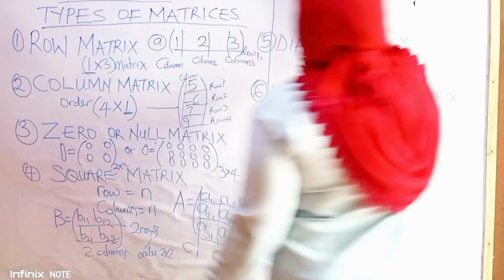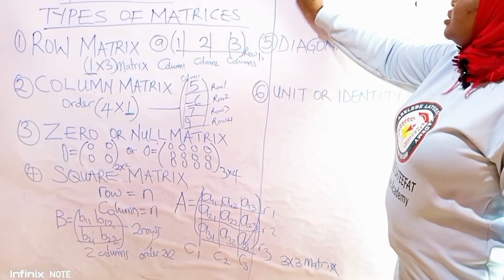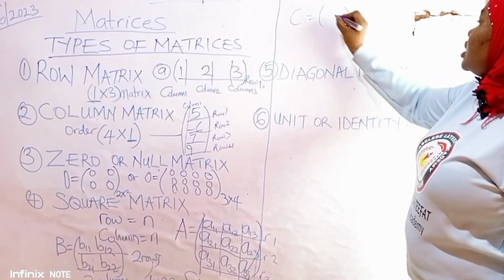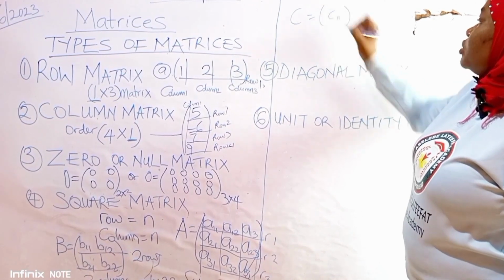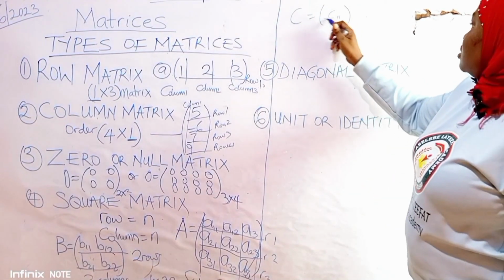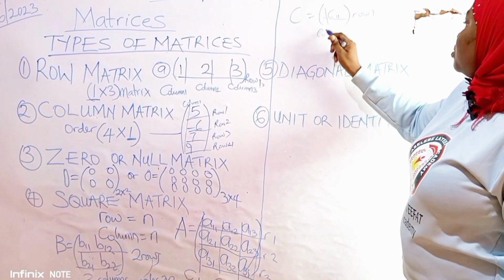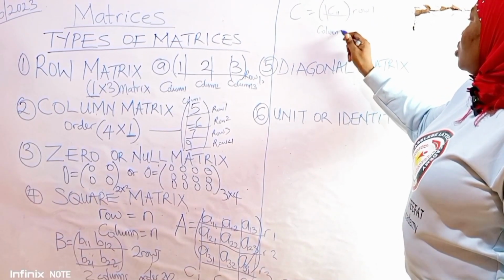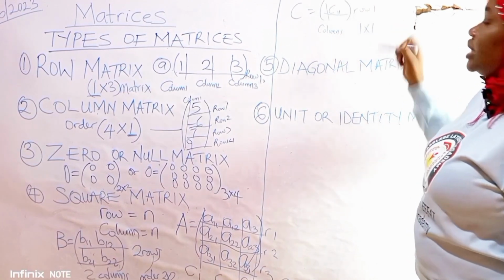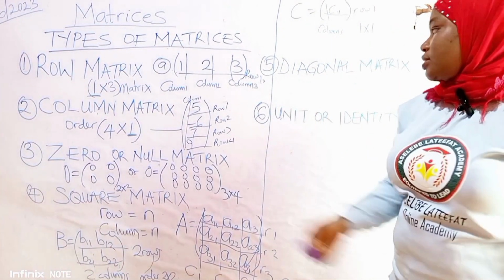Similarly, if we have matrix C equal to, let's say, C11, so this is row 1, this is column 1. So this is 1 by 1, and it is a square matrix.